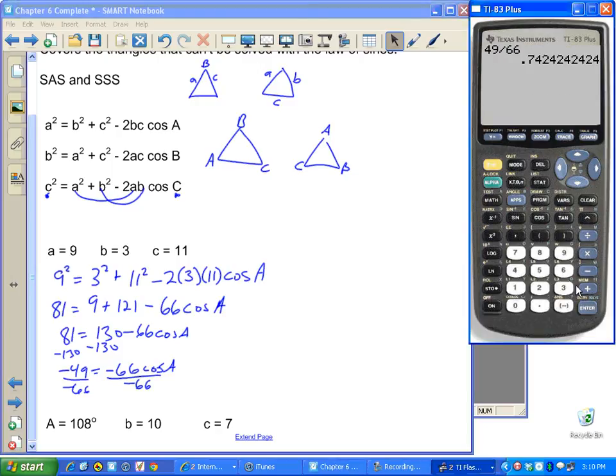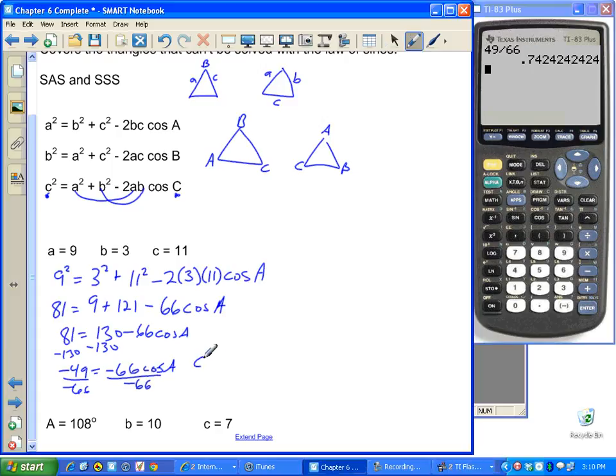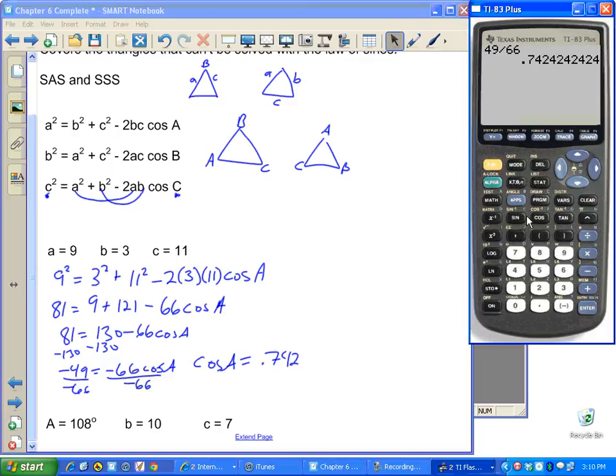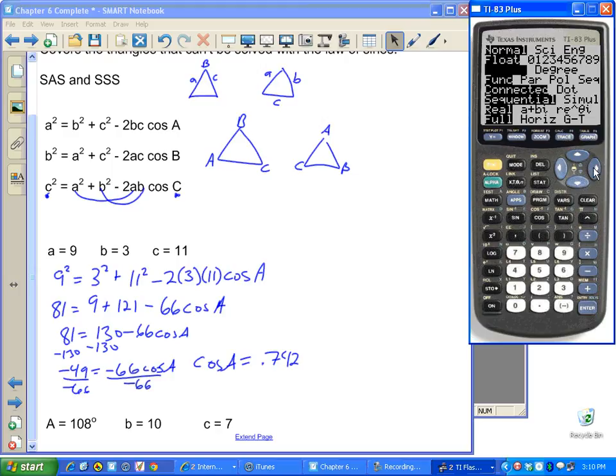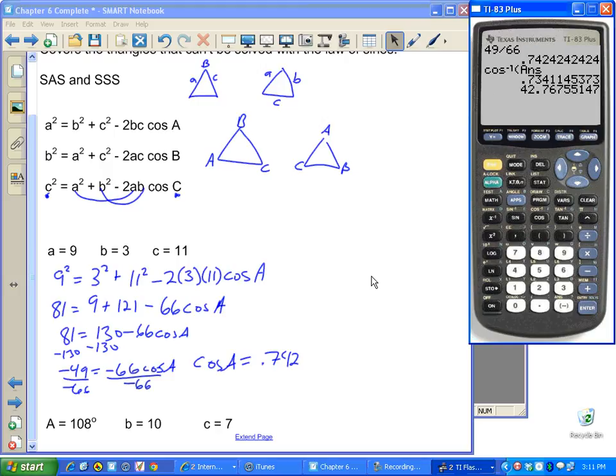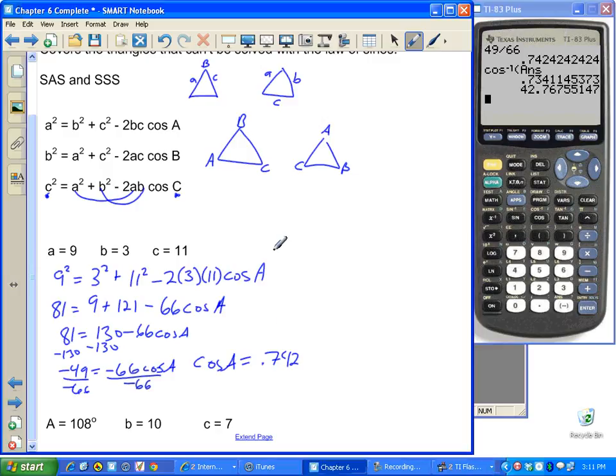I really don't need the negatives because they're going to cancel. And I get this. That's what the cosine of A equals. If I want to know what A is, I'm going to do the cosine inverse of that answer. I have to switch to degrees here. So I get 42.77 degrees. That's what A is.